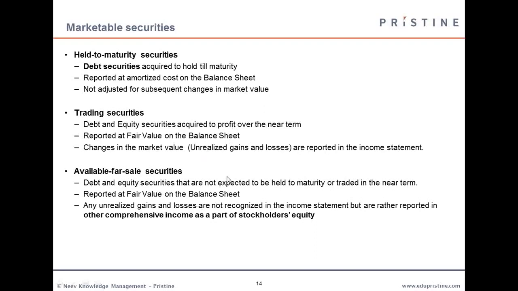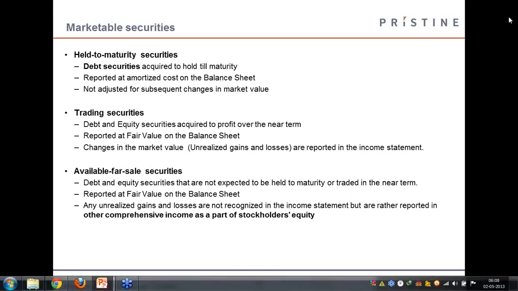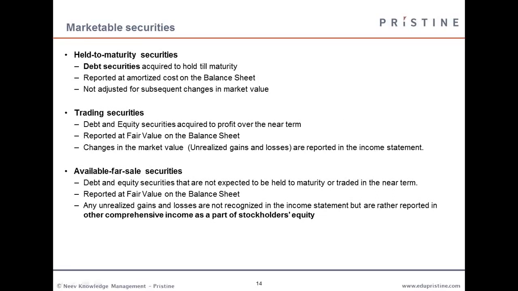The second class of marketable securities is the trading securities, wherein you have securities which are acquired to profit over the near term. Held to maturity securities are generally long-term securities, and they are held till maturity. Whereas with trading securities, you try to profit over the near term by selling when the price increases and buying when the price decreases. Overall, you try to make a profit out of them and you try to trade them, unlike the held to maturity securities, which you try to hold till maturity.